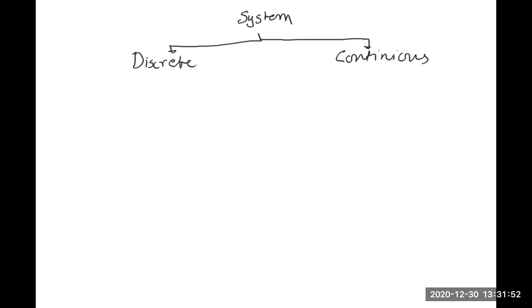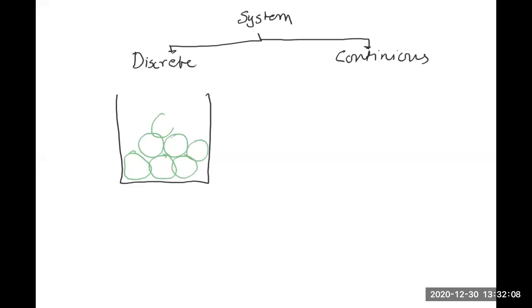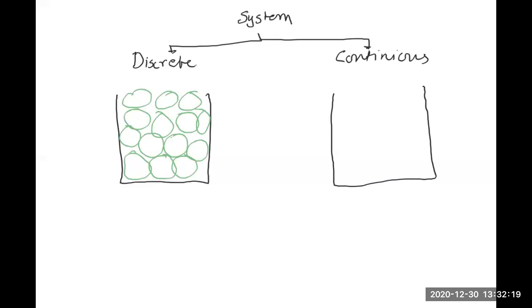Supposing that I have a glass, normal जो हमारा पानी पीने का glass होता है शीशे वाला. I have a glass which is filled with marbles. Okay? And I have another identical glass, which is filled with water.